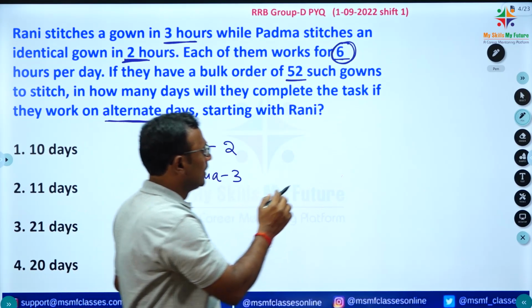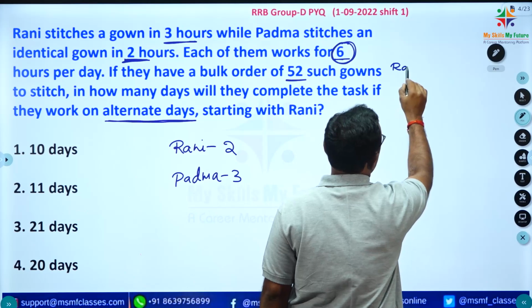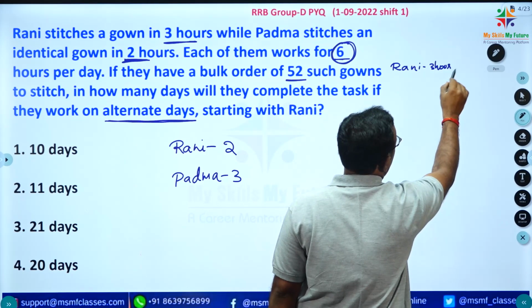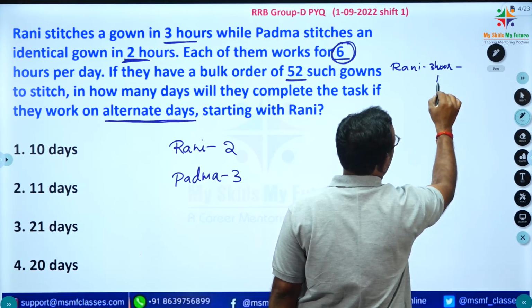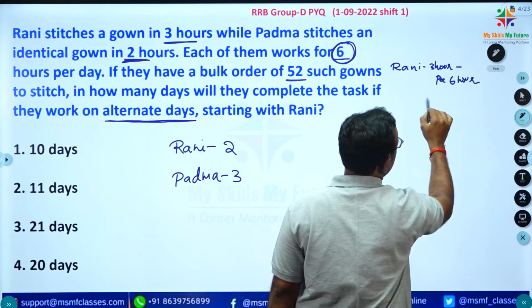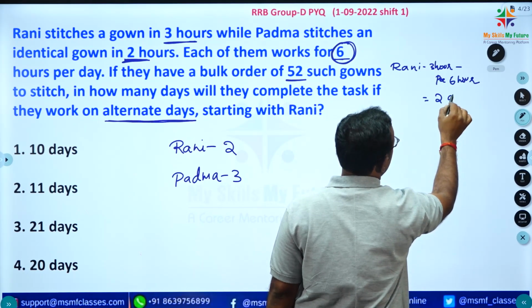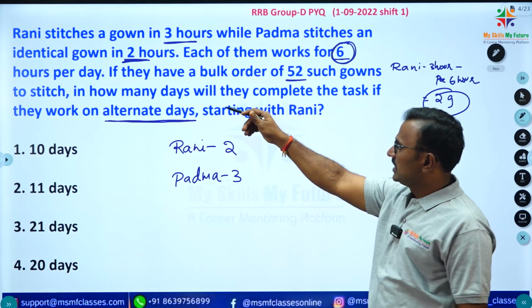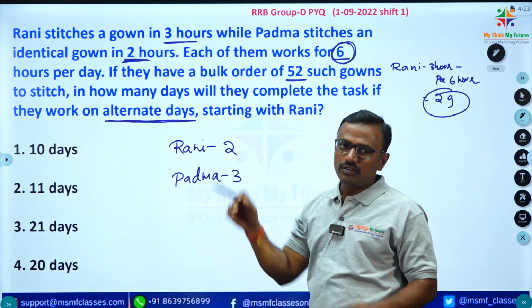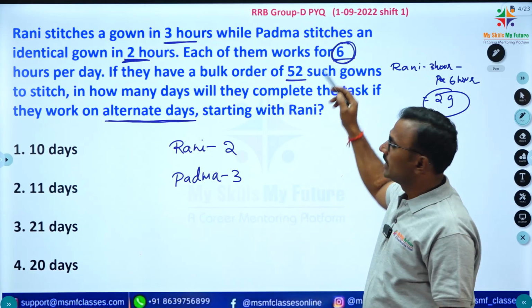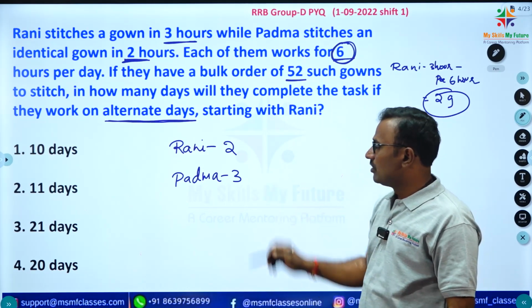Why? Because Rani can stitch a gown in 3 hours and she can work for 6 hours, so in 6 hours she can stitch 2 gowns. Similarly, Padma can stitch an identical gown in 2 hours, and she works 6 hours per day, so in 6 hours she can stitch 3 gowns.